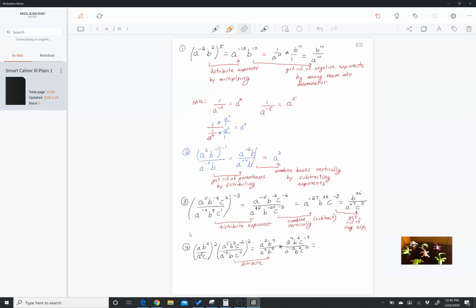And when we combine horizontally, we add the exponents. So a squared and a to the 10th gives us a to the 12th. B to the 4th, b to the 6th gives us b to the 10th. And then we have c to the -4. And then 6 and -12 is -6. And b squared and b squared is b to the 4th.